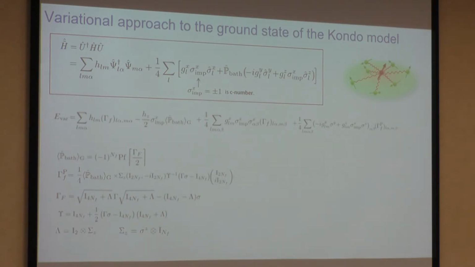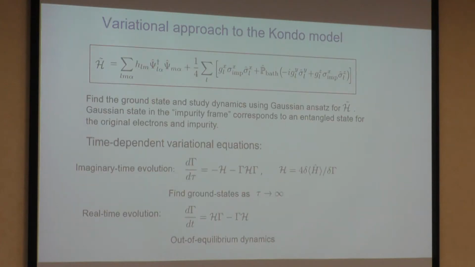You end up with things like Pfaffians of this covariance matrix and so on. But you have an explicit expression for the energy. And now you can look at dynamics in imaginary time to find the ground state, or look at dynamics in real time to find non-equilibrium dynamics, right?